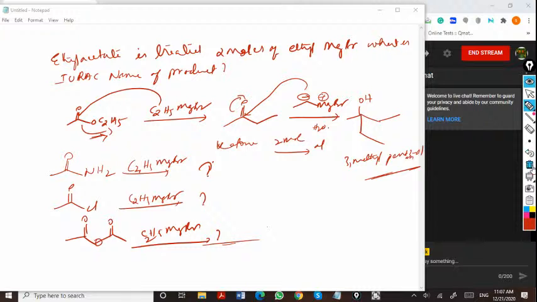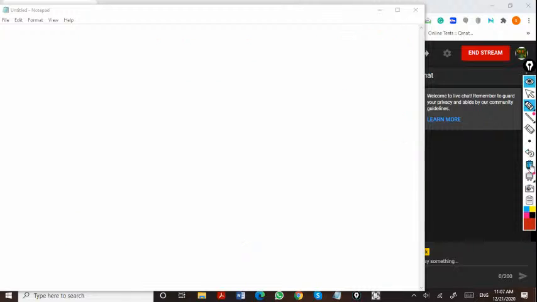So apart from the Grignard, there are many other nucleophiles, but there is an important point about the Grignard. Grignard so far you have seen as a nucleophile. Okay, methyl as a nucleophile.